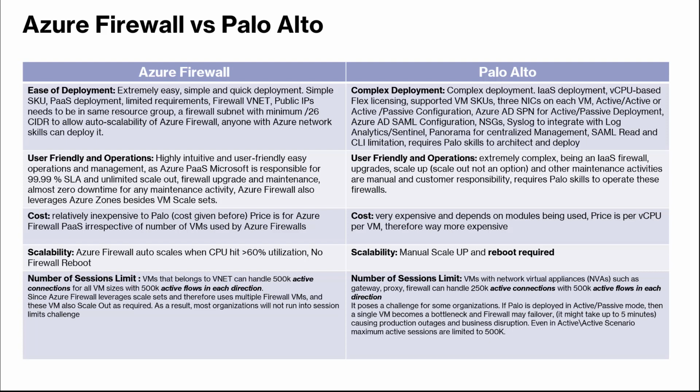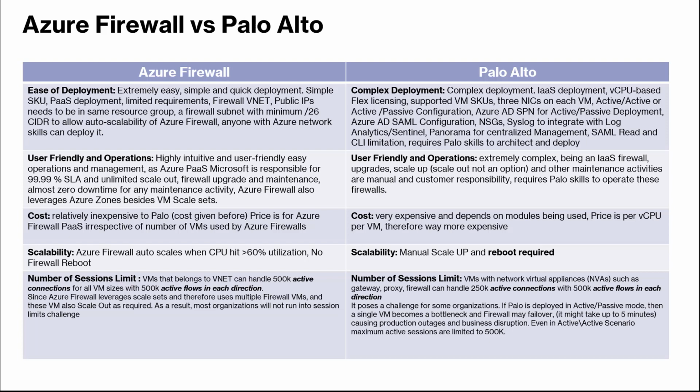As long as you have a VNet and your subnet created in the same resource group where you are creating the firewall, that's all you need to do. As long as you understand that basic requirement, it's a straightforward thing. It gets deployed very fast. You can deploy it, test it, try it, and then destroy it if you like.